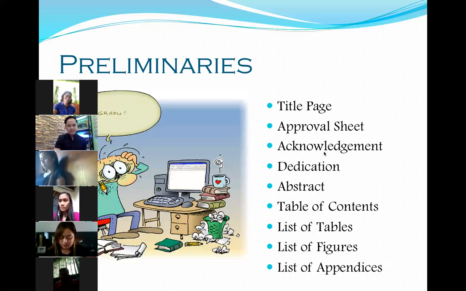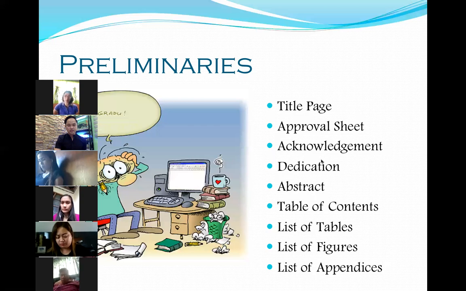Because acknowledgement is done after you finish your research paper, you are going to state your appreciation to the people or group of people who have contributed to the accomplishment of your paper. Eh hindi ka pa tapos, kaya therefore, itong acknowledgement mo, hindi pa dapat makikita sa proposal defense mo.